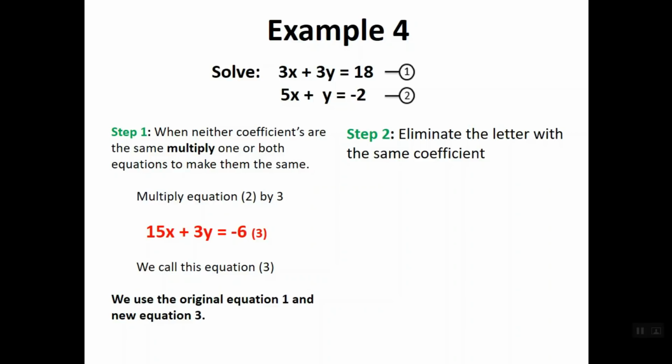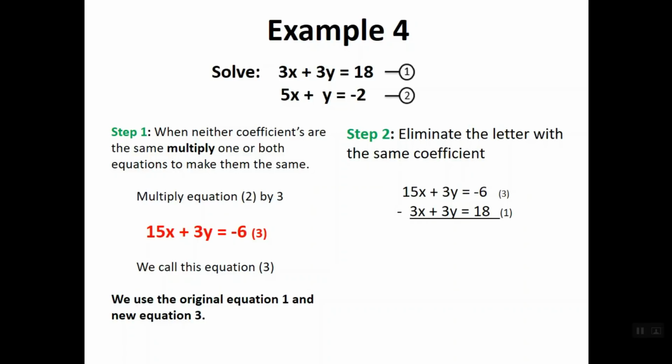So we eliminate the letter with the same coefficient. So I write equation 3 and I also write equation 1. The truth is, guys, you could write equation 1 before equation 3. It really doesn't matter, you will get the same result. I chose to write it this way just to avoid getting those negative signs, but that's okay.